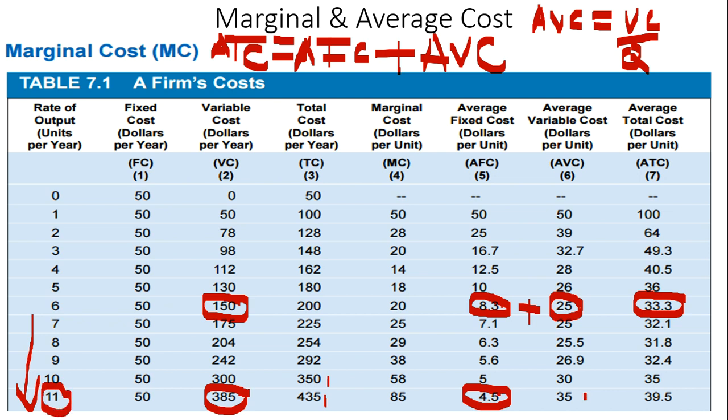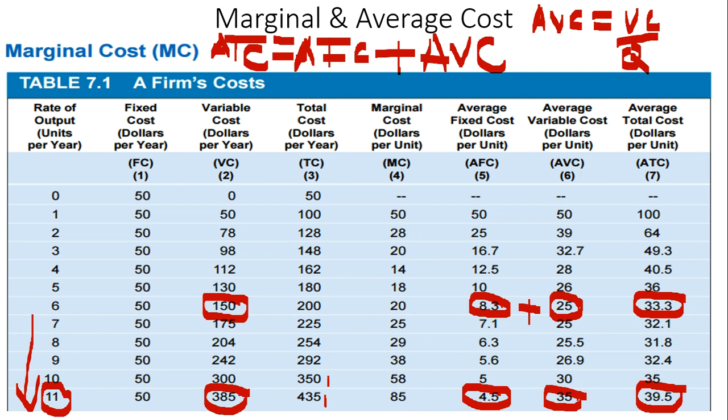If we do that, we get the 35. To get the average total cost, it is average fixed cost plus average variable cost. So 4.5 plus 35, we get the 39.5.